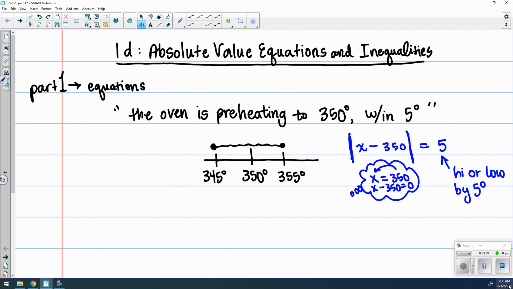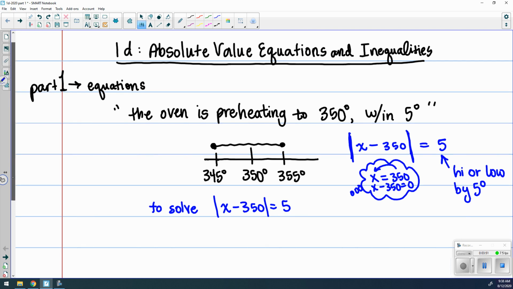Okay, so now if I'm going to figure out what are some possibilities for my temperature in my oven when it's preheated to 350, to solve the equation absolute value of x minus 350 is equal to 5, I need to consider the high end and the low end.